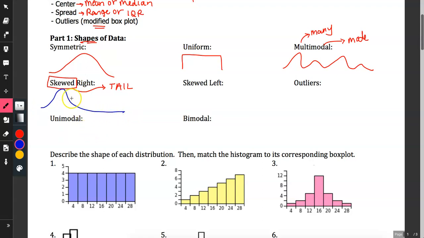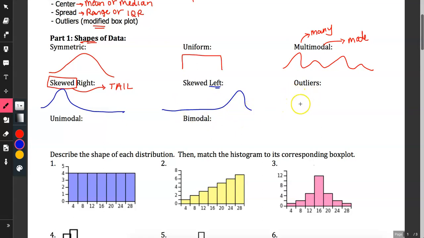That's kind of exaggerated, but see how the tail is on the right side? We'd call this skewed right. A lot of people want to call this one skewed left because that's where the peak is. It's not about the peak, it's about the tail. On the other hand, skewed left means the tail is on the left side and then it peaks on the right side. Again, really exaggerated to make it really clear.